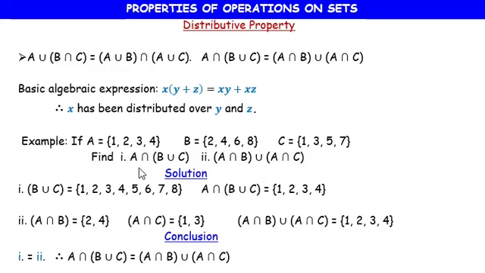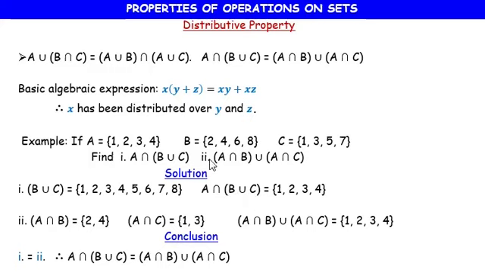So let's solve the first one. We have to first find the brackets, right? Always find the brackets first. So our B union C will give us 1, 2, 3, 4, 5, 6, 7 and then 8. And then we compare B union C with set A to find the intersection, right? So the intersection will be 1, 2, 3 and 4. So that is for A intersection B union C.